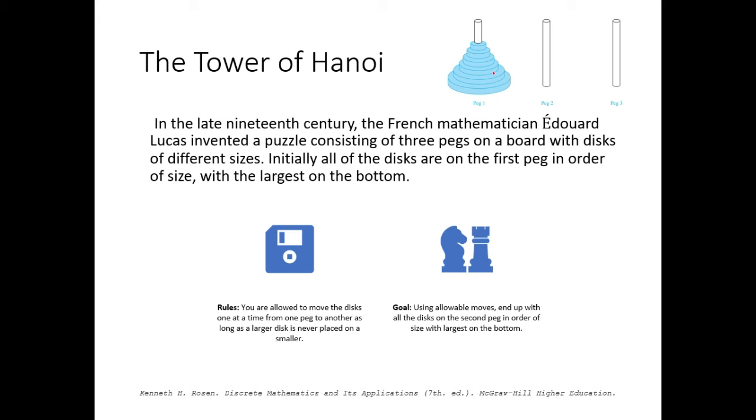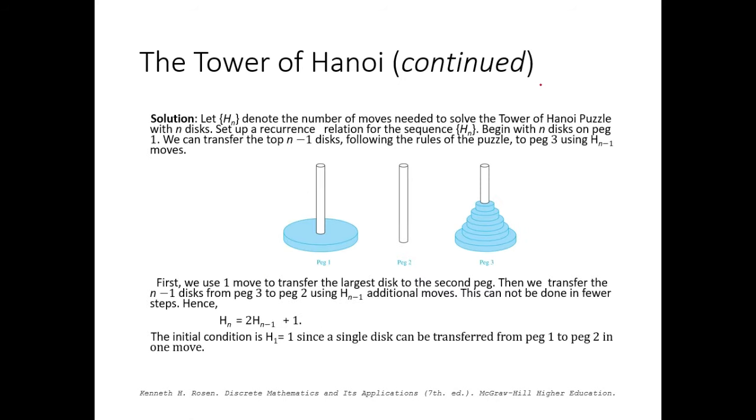The goal of the problem is that, using these two rules, you have to get the same arrangement of the discs onto peg 2. Now, to solve this particular problem, we can say that out of n discs we can move n minus 1 discs following the rules of the problem.